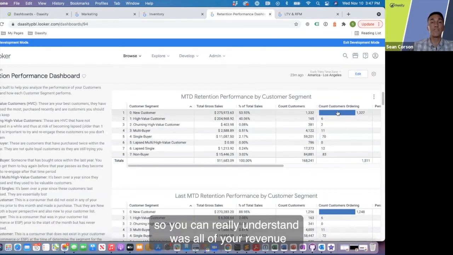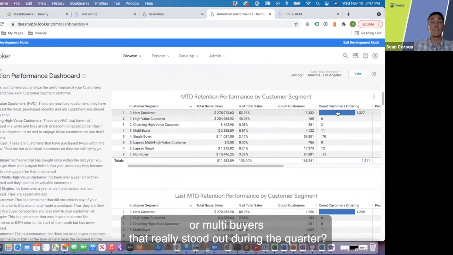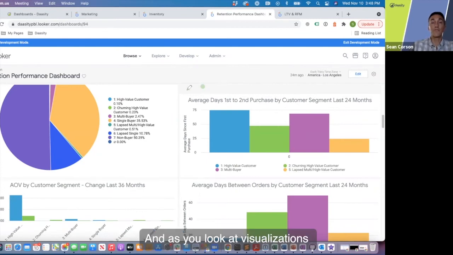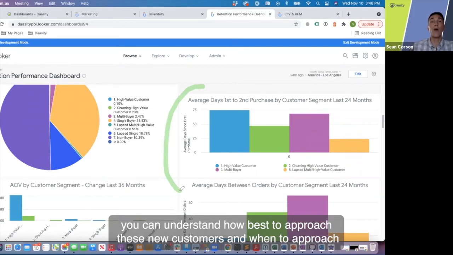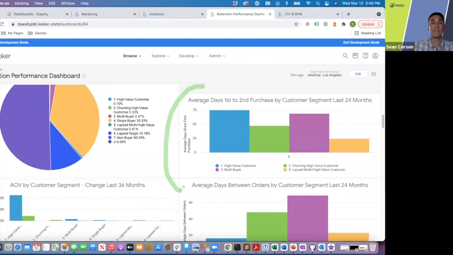So you can really understand, was all of your revenue driven by new customers, or were there specific segments like single buyers or multi-buyers that really stood out during the quarter? And as you look at visualizations like average days from first to second purchase by customer segment, you can understand how best to approach these new customers and when to approach these new customers with your retention campaigns through email or SMS.